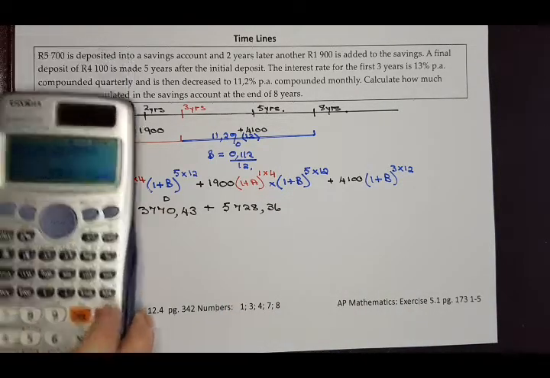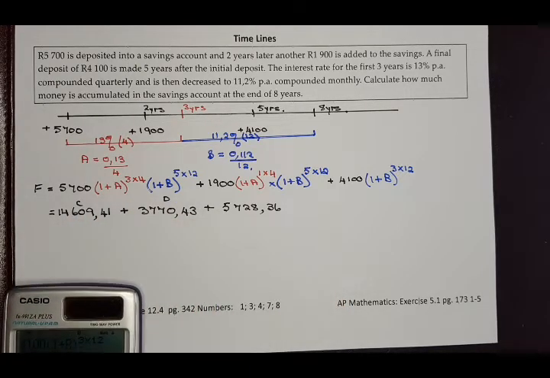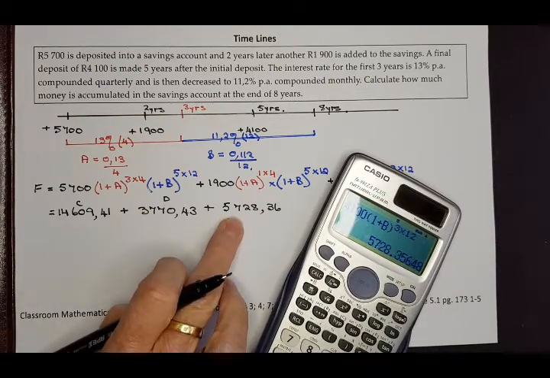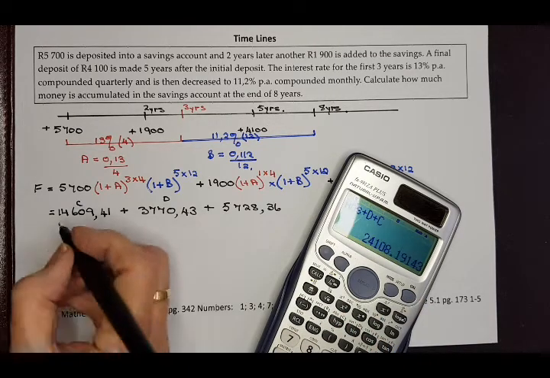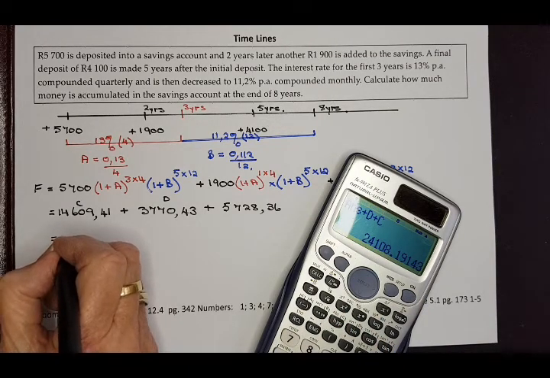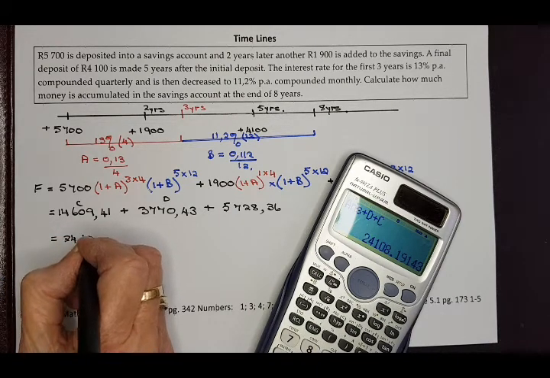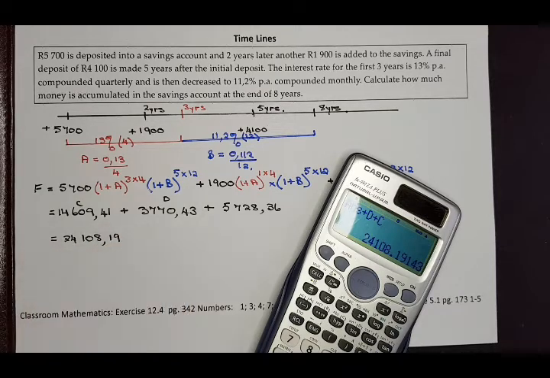So what do I have all together essentially from those 3 different investments? I'm going to take this value over here, I'm going to add alpha D, and I'm going to add alpha C. And the total amount of money is 24,108 Rand 19.